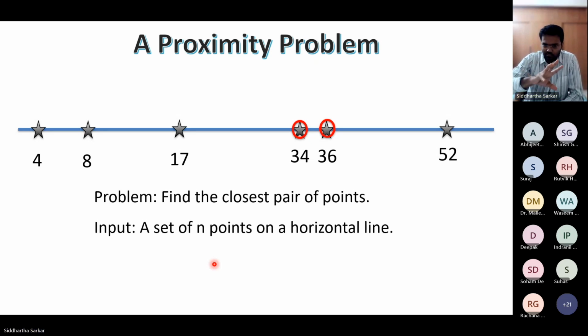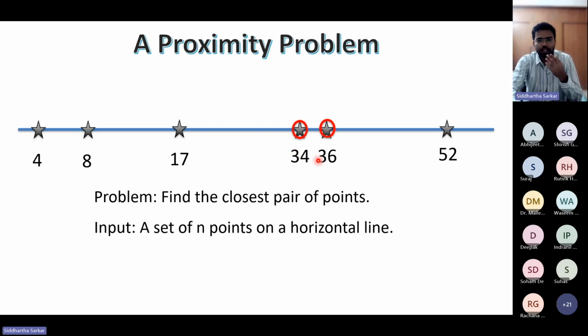So naively, if you think there are n into n minus 1 comparisons, but half of the comparisons can be avoided. Because for every pair, for example, 8 and 34, if you have already compared 8 to 34, you know the distance between 8 and 34, that is 34 minus 8.